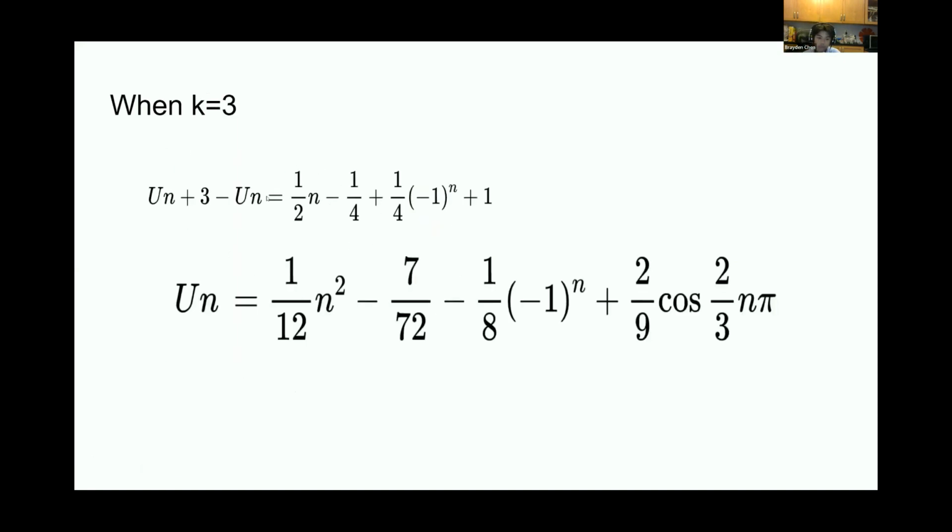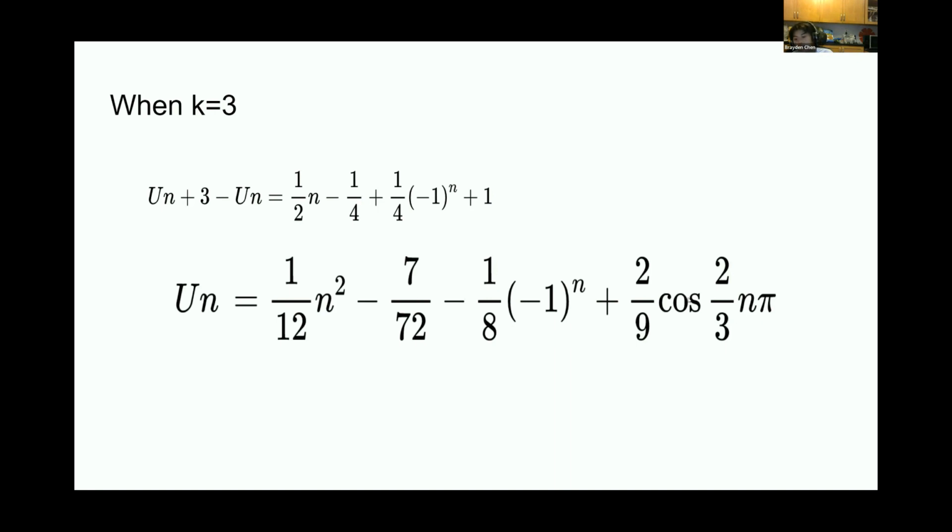So we use the solution for k equals 2 to help us find the solution for k equals 3. And if you simplify it down, you can find that this is the solution for k equals 3. It doesn't look like it would give you a whole number as a result, but it does. So you could test it out if you'd like.